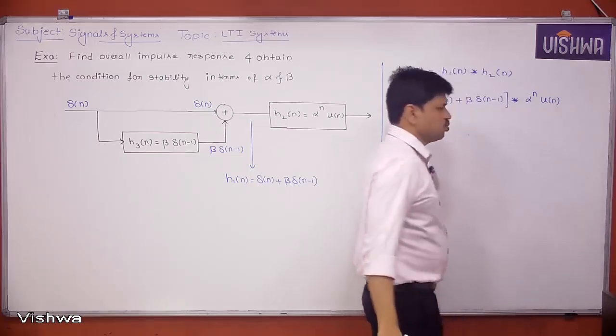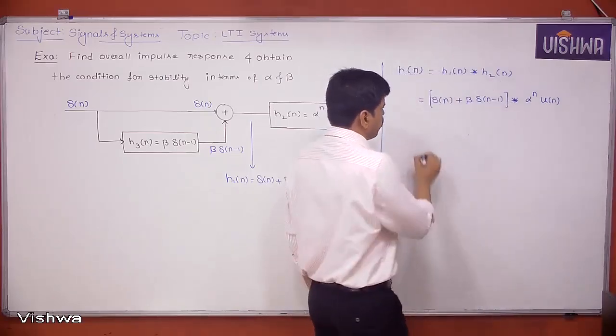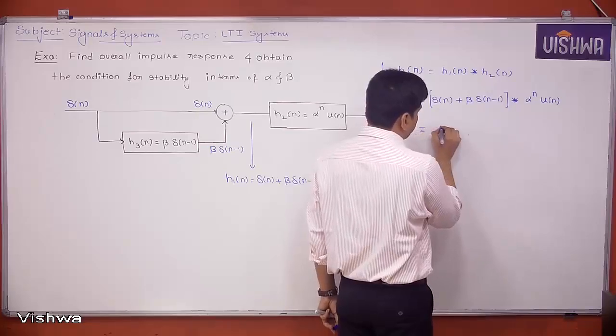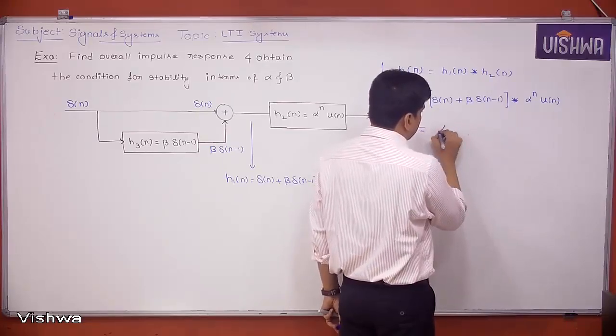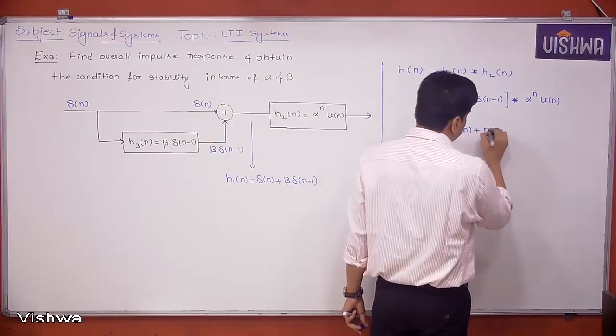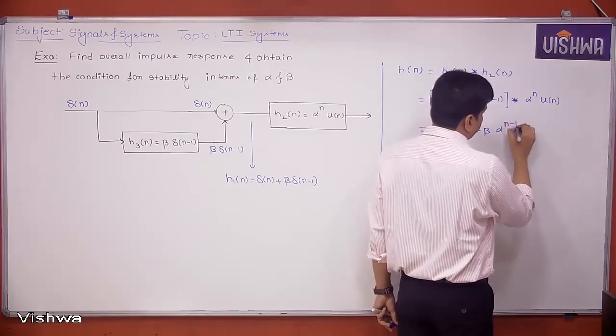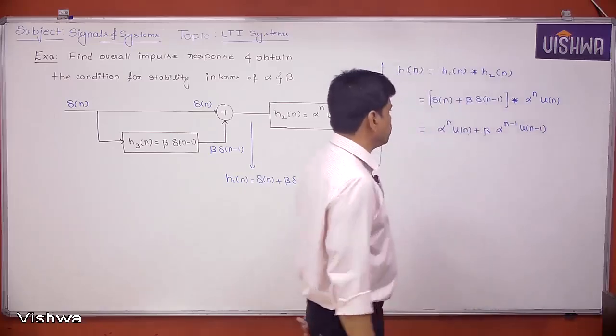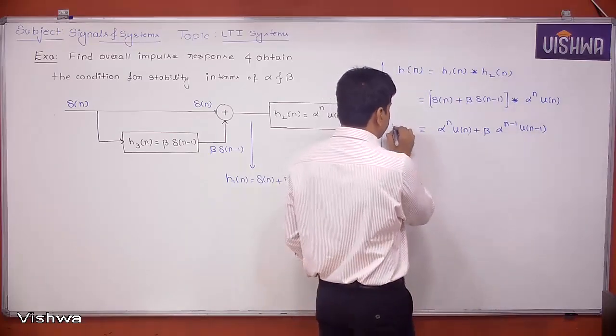For this I am going to use the distributive property of convolution, and get alpha power n u of n plus beta alpha power n minus 1 u of n minus 1. So this is the overall impulse response I am going to get.